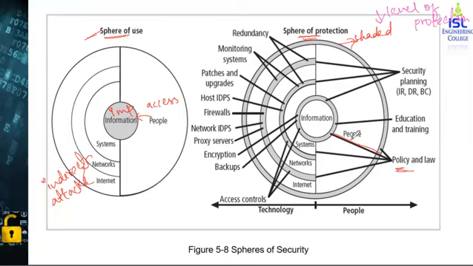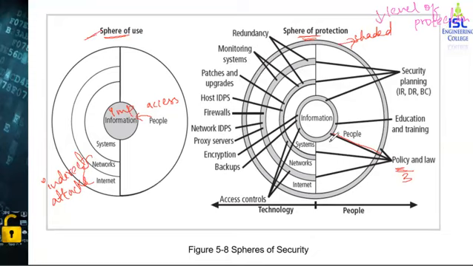So policies and laws are placed here, and they are also placed between system and information, and between the network and the internet. So policies and laws are placed at three different areas. That is, three barriers are placed between the sphere of use. Between each layer of the sphere of use, there should exist a layer of protection.